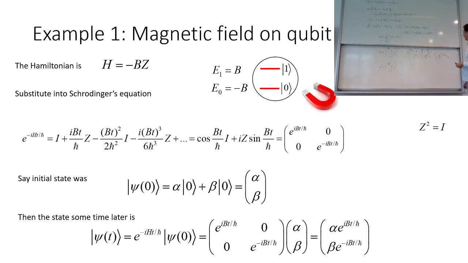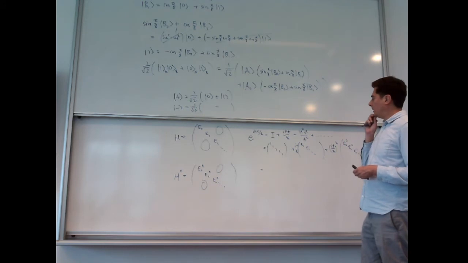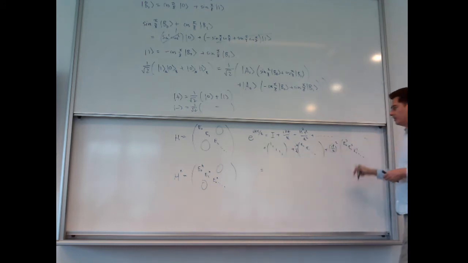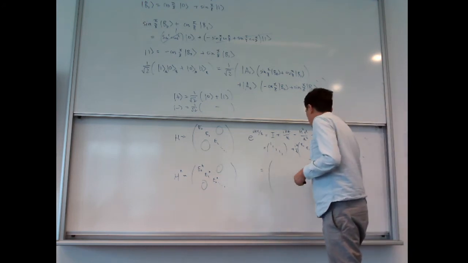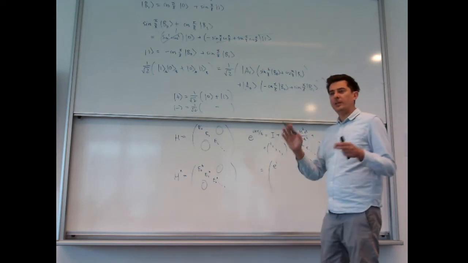So each of these diagonal entries, you can sum them all up because these are just individually the exponentials, right? So you can work out that this one will be e to, oh, I forgot a minus sign. Okay, anyway.